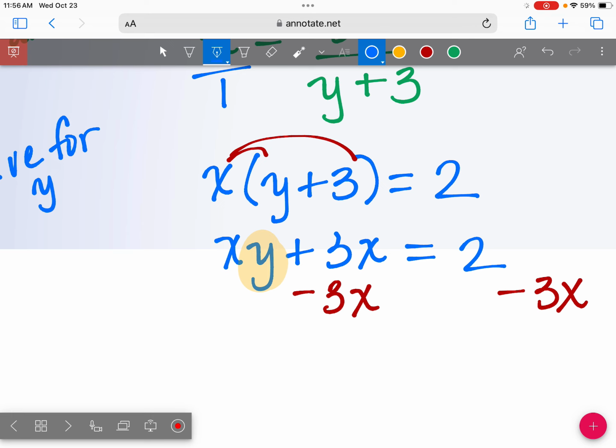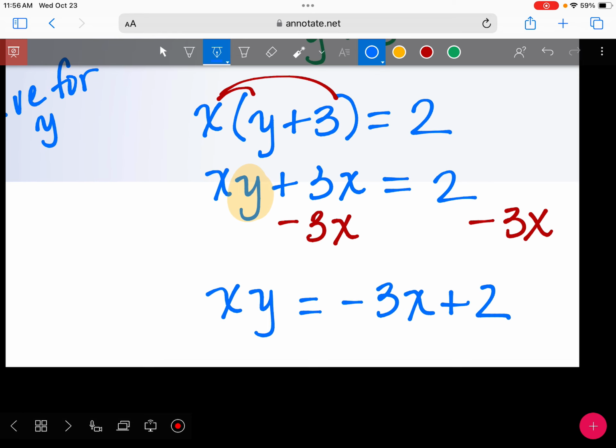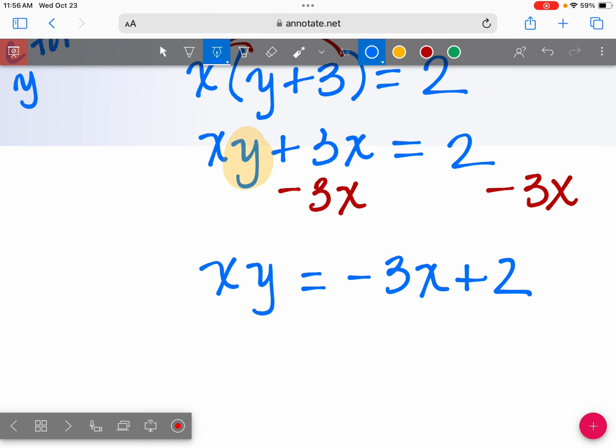So then that'll give me xy equals -3x plus 2. And now we can divide by x. Divide everything by x.